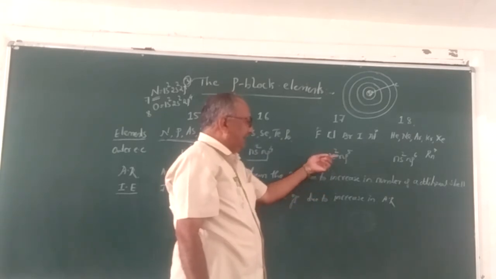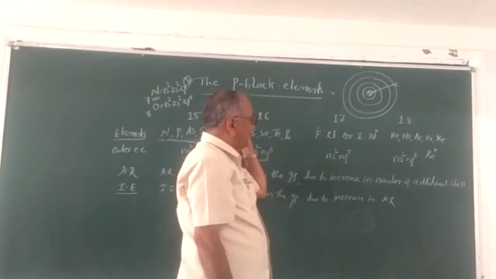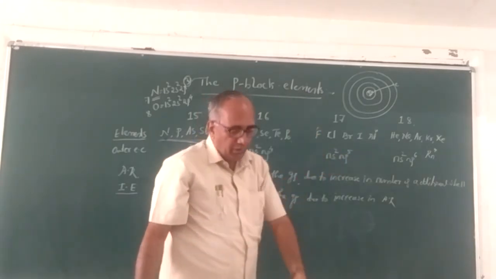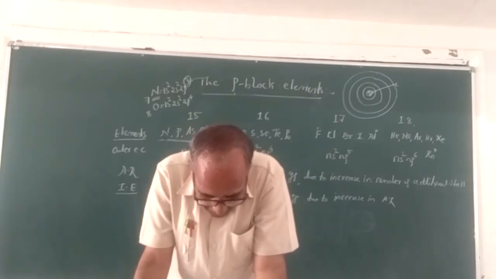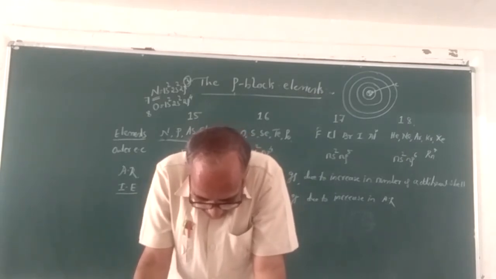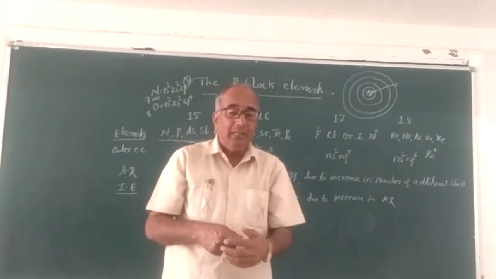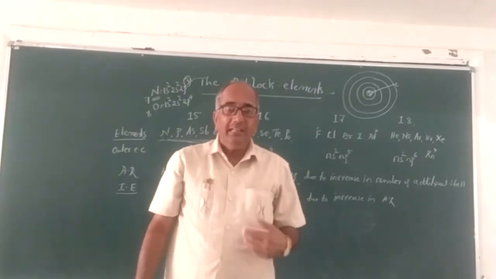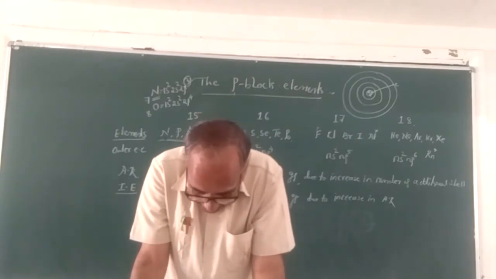Hence, it requires more ionization enthalpy as compared to the other one, because due to the larger number of electrons in the p orbital, they have little tendency to lose the electron. Little tendency to lose the electron means they require more ionization energy to remove the electron from the valence shell.